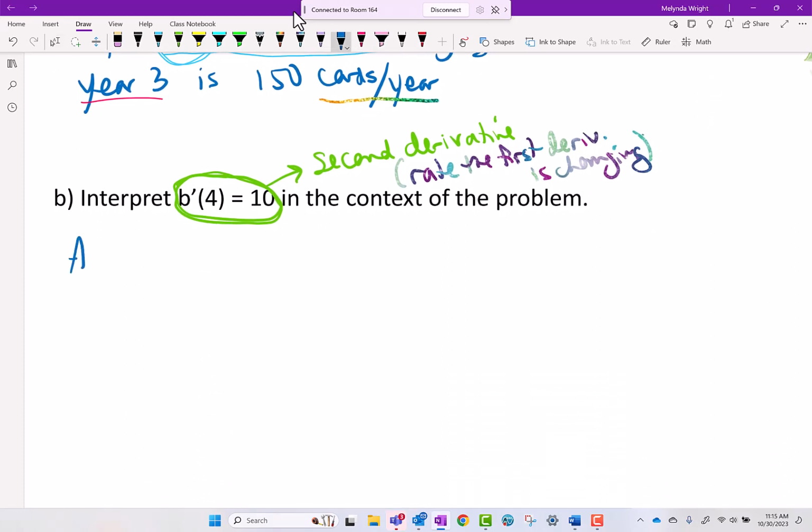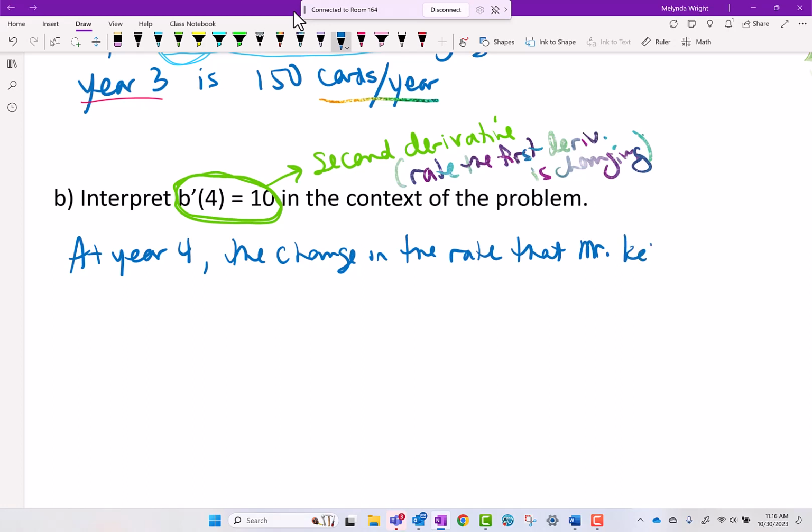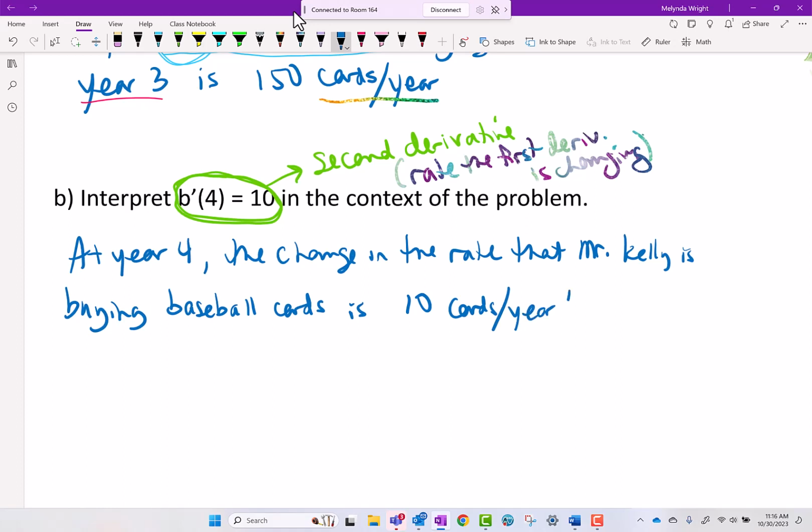So I'm just going to put, at year 4, I've got my time. The change in the rate that Mr. Kelly is buying baseball cards is 10 cards per year.